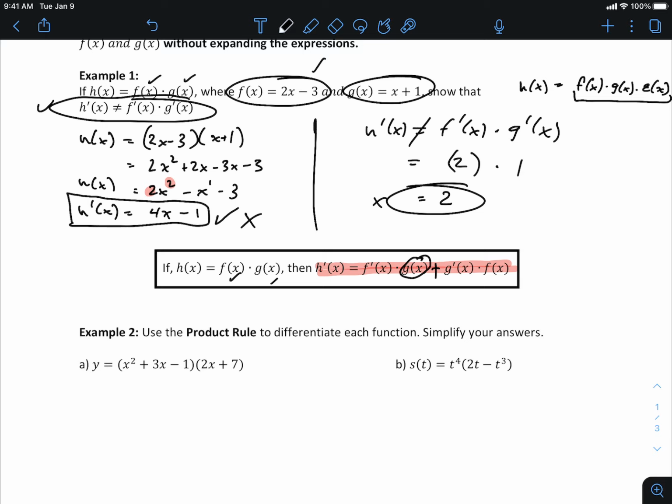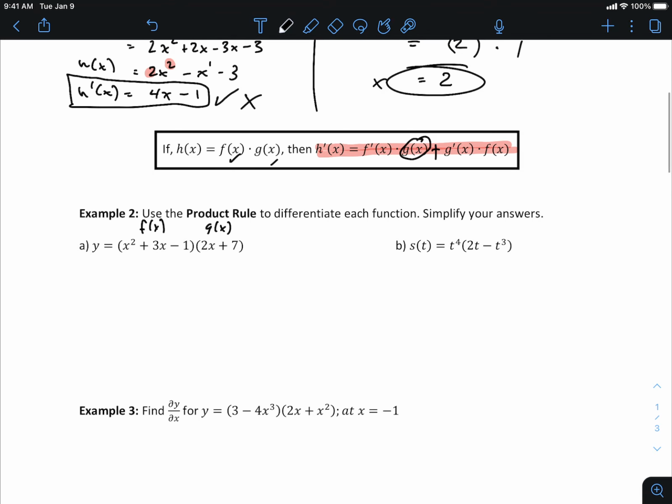Okay, and so sometimes it helps if you want to label this one f of x and this one g of x, and underneath you say, okay, well, dy dx, remember this is just a different notation. We're deriving y with respect to x. That's what that reads.